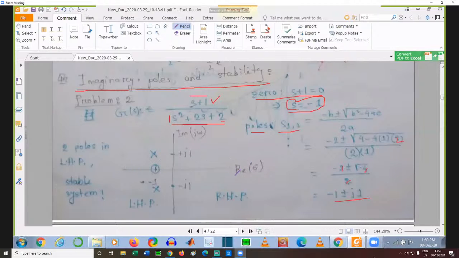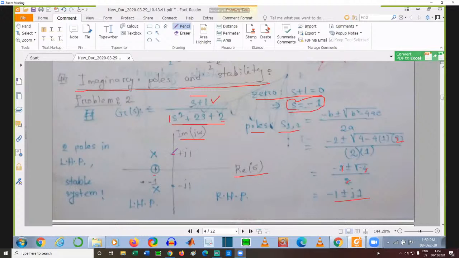So this is my S plane. The x-axis is my real axis and the y-axis is my imaginary axis. Then we want to plot the two poles. The first pole is minus 1, so we go to minus 1, and then plus j1.